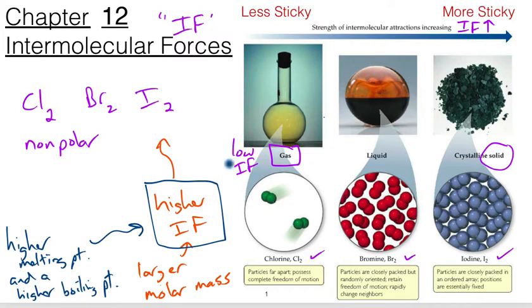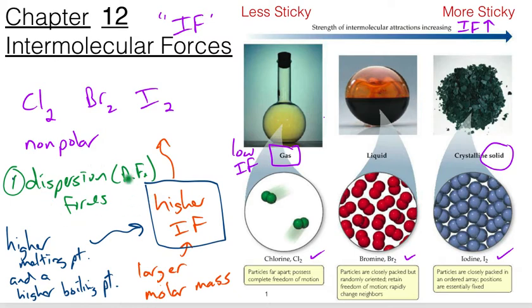Let's do a quick review of the three different types of intermolecular forces, in no particular order. The first one is going to be dispersion forces. Let me just write DF for dispersion forces.